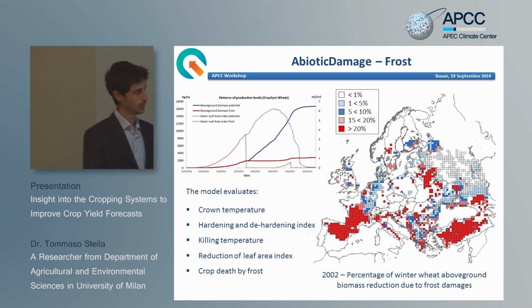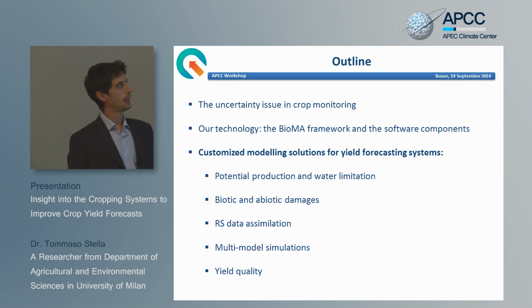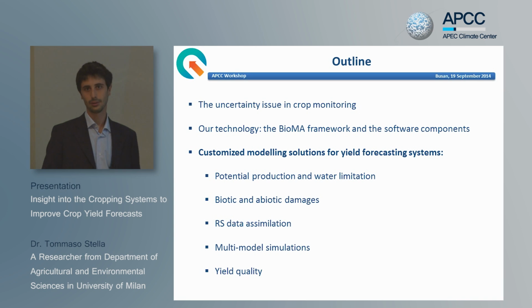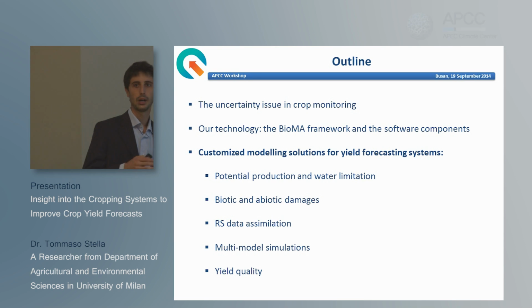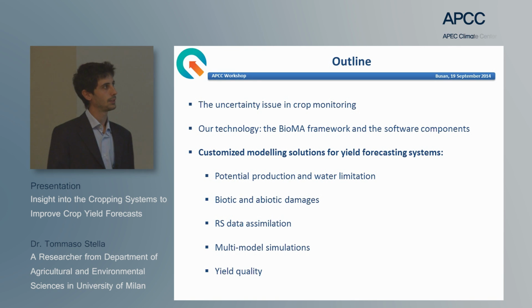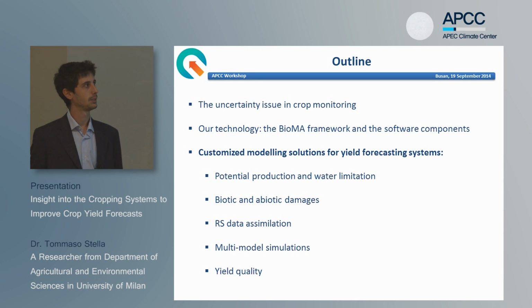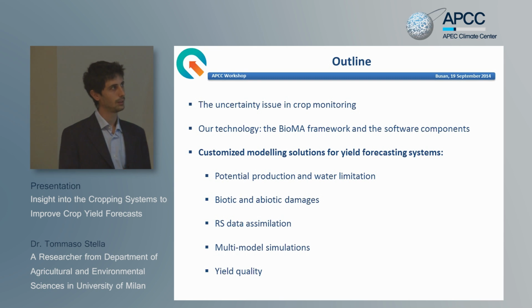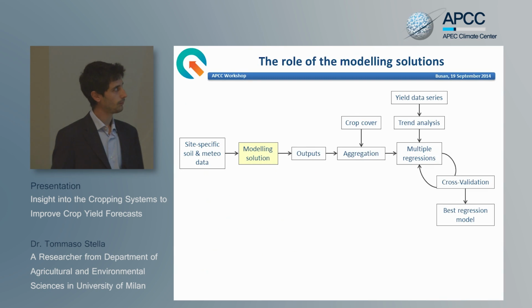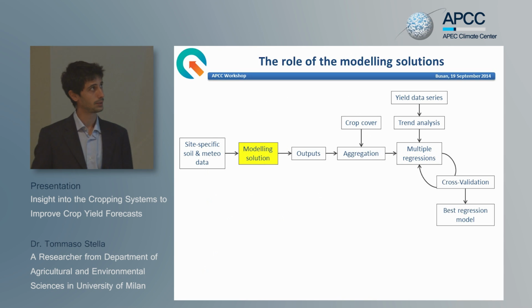Okay, so let's keep on, and after this long introduction, we can finally see how these components are put together, combined in order to produce modeling solutions which are customized for the specific context and used to simulate within yield forecasting systems. First, the role of the modeling solution.